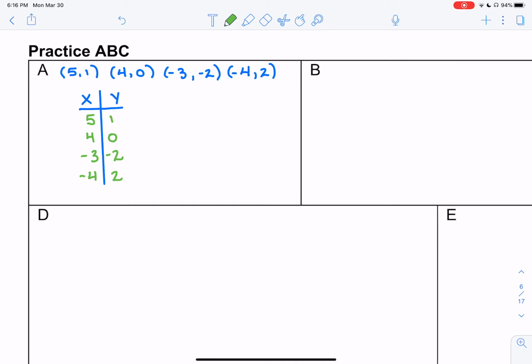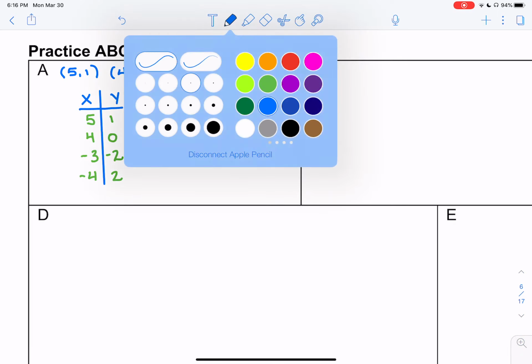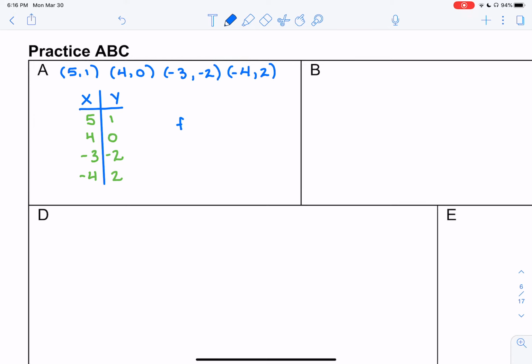And this might make it a little more organized for you to tell if there are any x's that were repeated. Okay, in this case, there are no x repeats, and therefore, yes, this is a function. So the solution that you would say here is function.